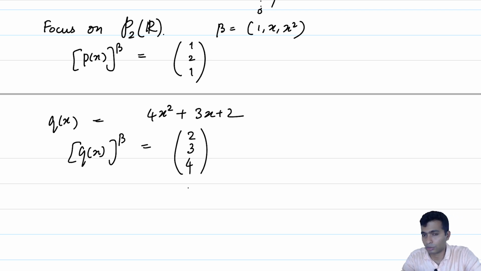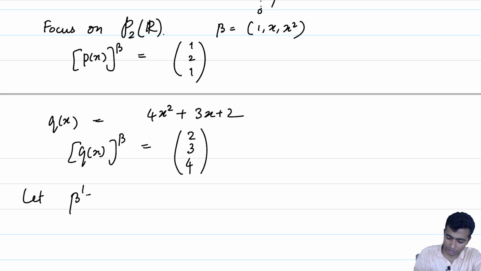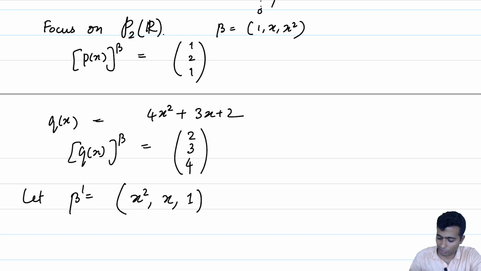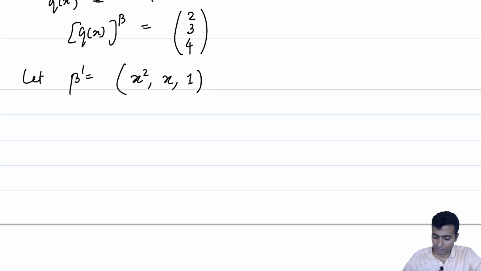Now, for beta, there is no natural order in which we should be considering these vectors. What if we let beta prime be the polynomials x square, x, 1 in this order, basically the reverse order as in beta. This could also have been the order in which we started looking at the basis.